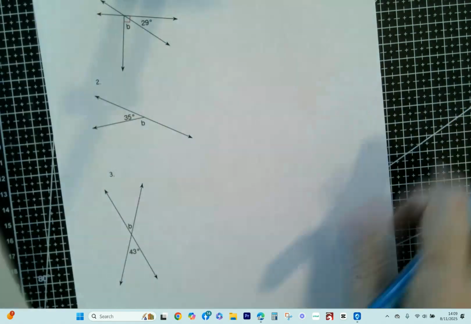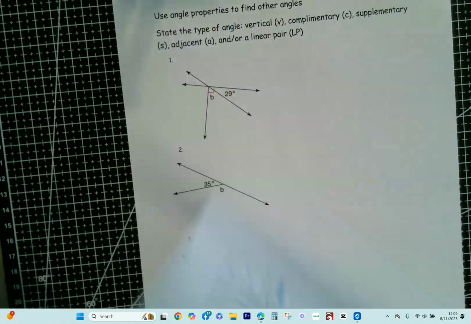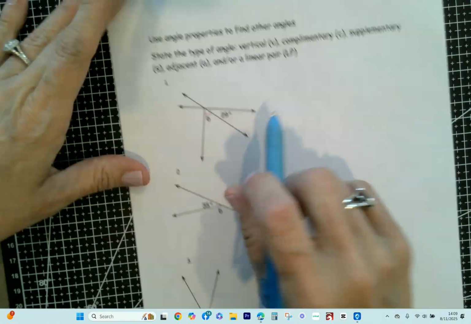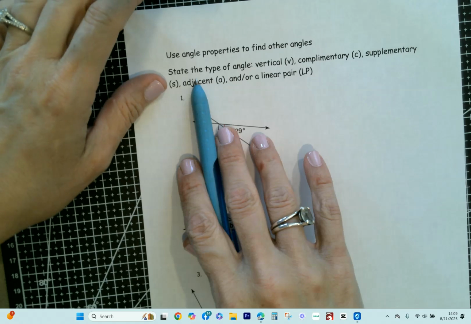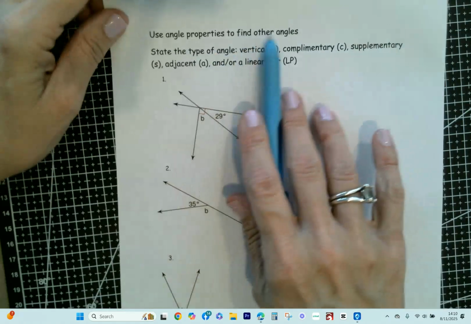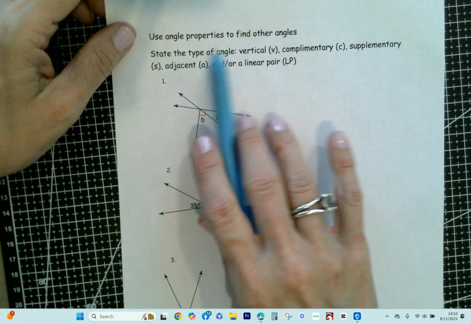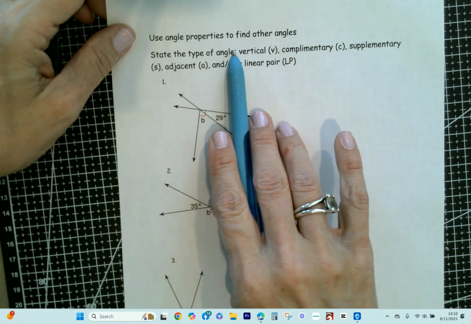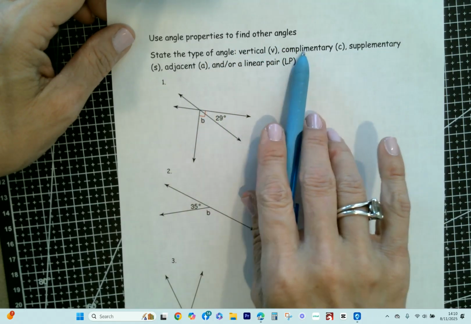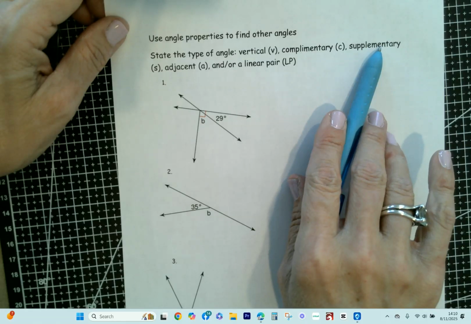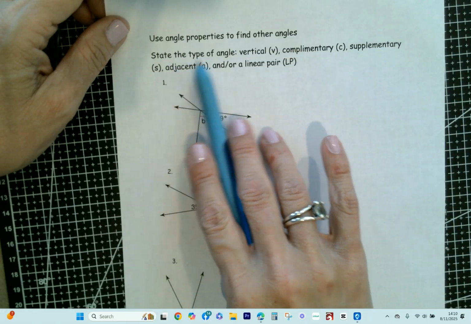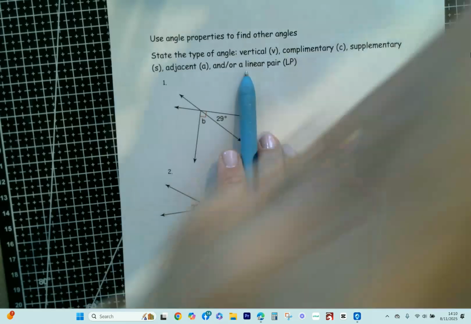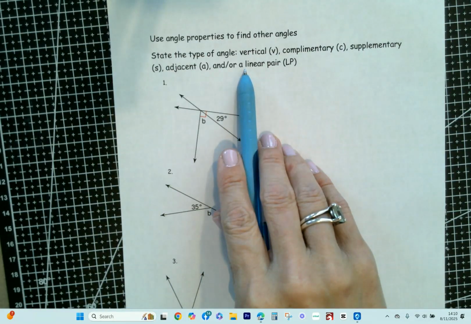Now let's go to this last little piece here. I'm going to do the same thing. First things first, we're going to use our angle properties to find other angles, and we have to state the type of angle relationship: vertical angles, complementary, supplementary, adjacent, and/or linear pair.